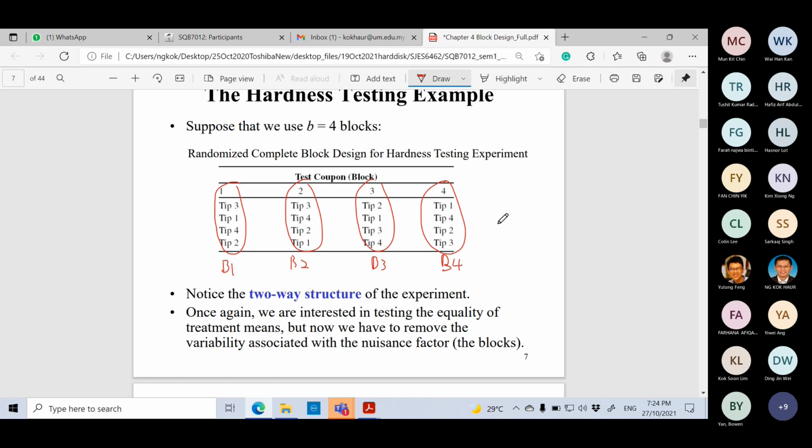In this diagram you can see there are 2 structures. Here represents the blocks, and each row represents a treatment level. Once again, we are interested in testing the equality of the treatment means.